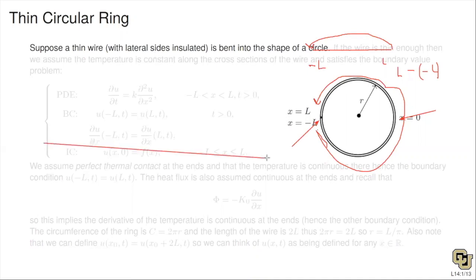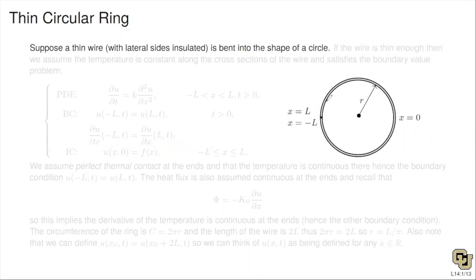Basically, what we've done is a type of extension of the interval. We've taken the original interval minus L to L, and now we're pretending like it just keeps repeating. So now it starts again at minus L to L, and it just keeps repeating forever and ever. Or, think of it as a thin circular ring.